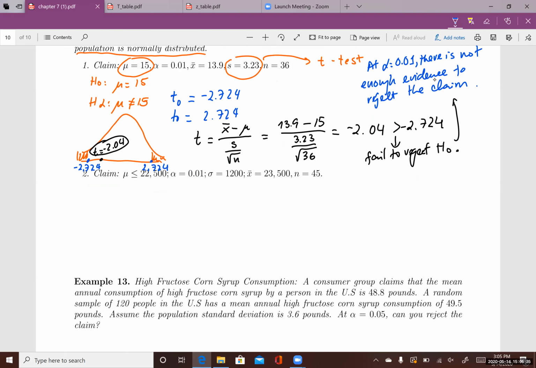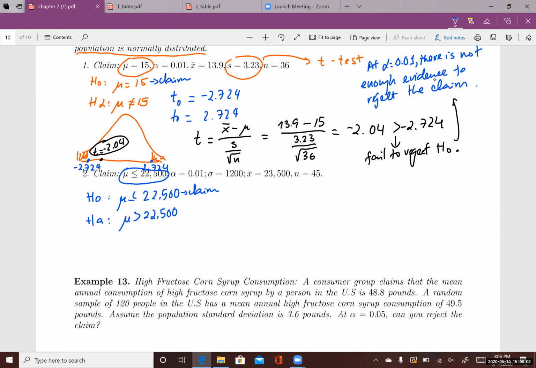All right, next example. The claim is mu is less than or equal to 22,500. So that's the null hypothesis, and this is the claim. And then the alternative is mu is greater than 22,500.